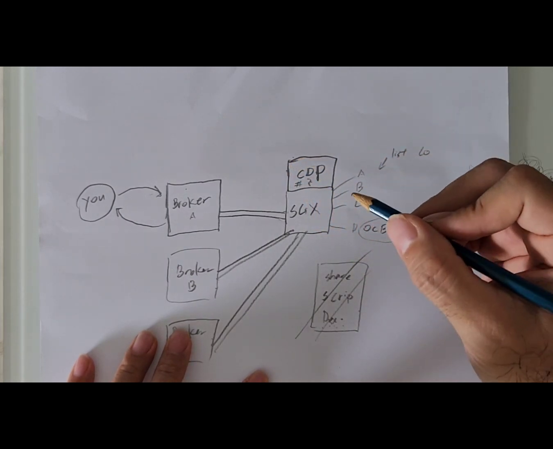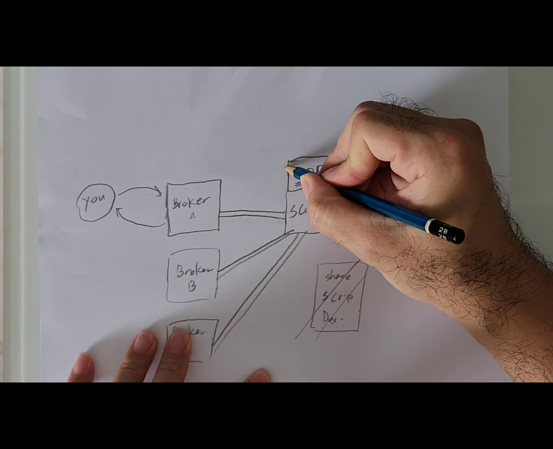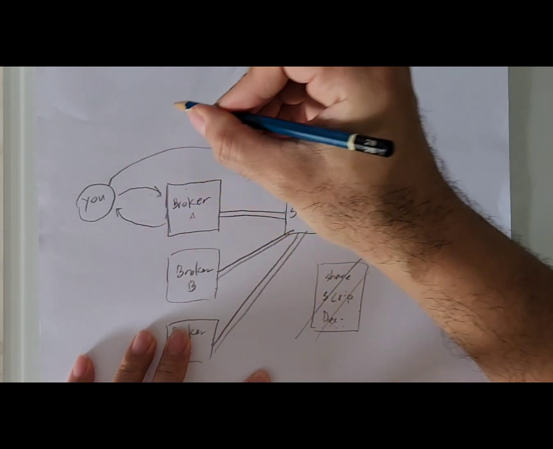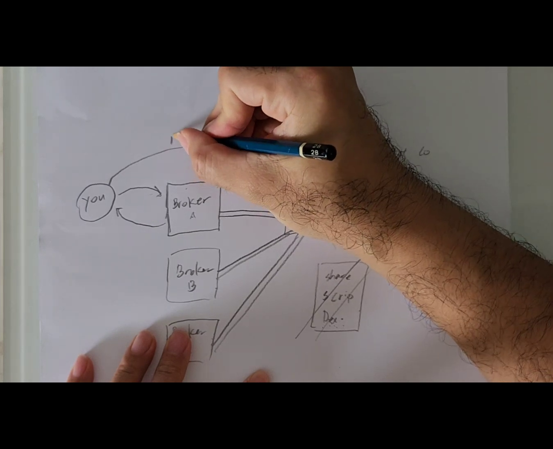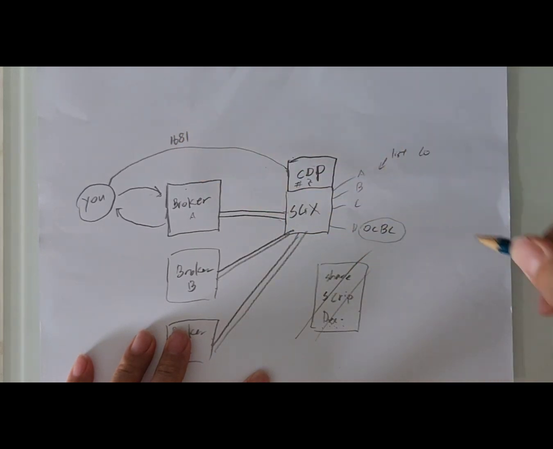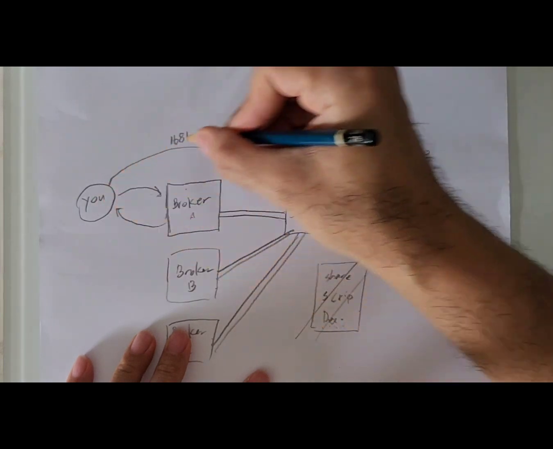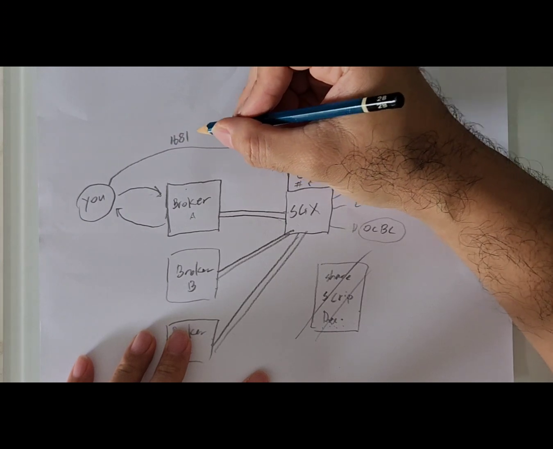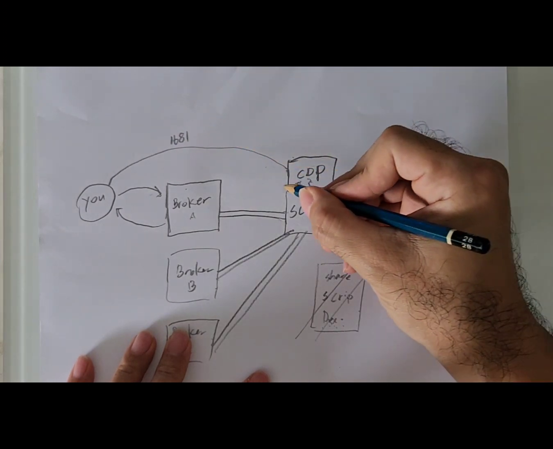This is the cash account, so I'm going to draw a line that radiates out. Cash accounts are what we call 1681 accounts. This is your normal CDP account, and I recommend you open up this cash account or CDP account.